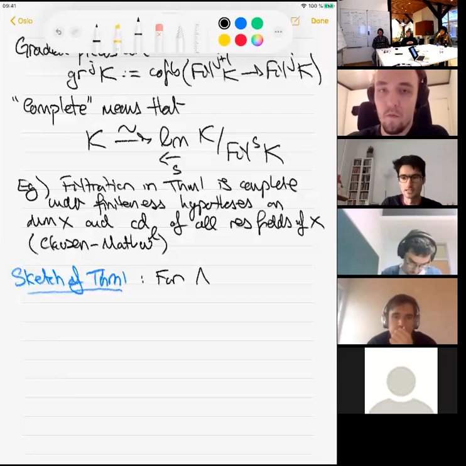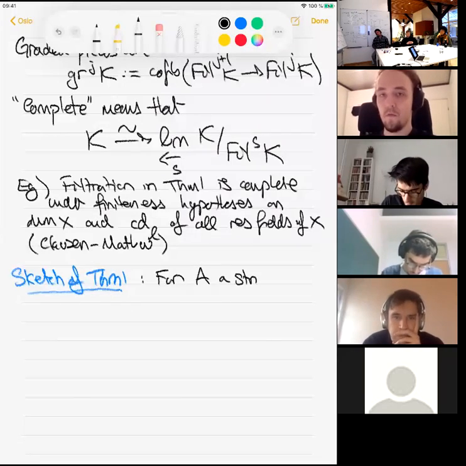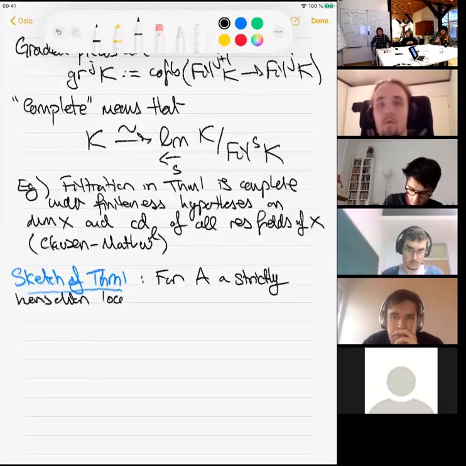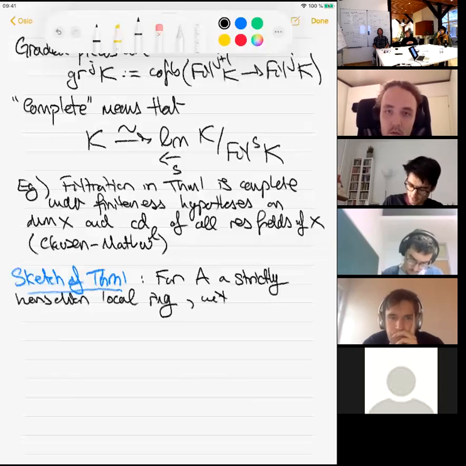So I take some strictly Henselian local ring with residue field k. That's just the notation for the residue field.